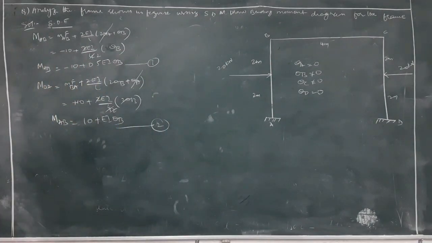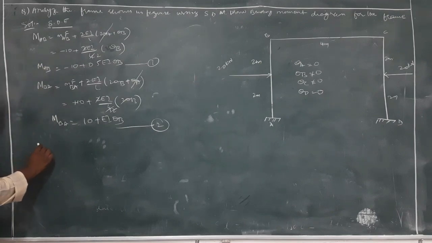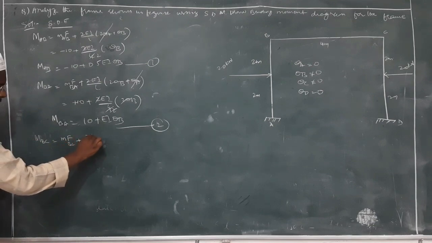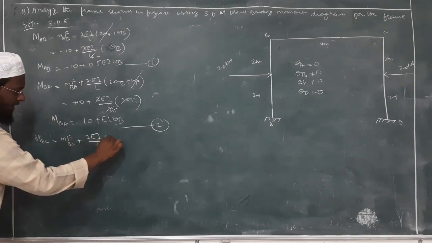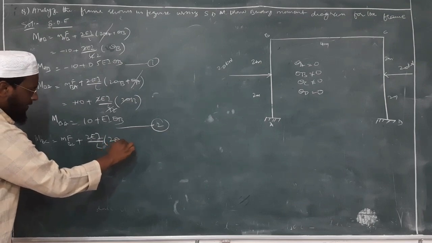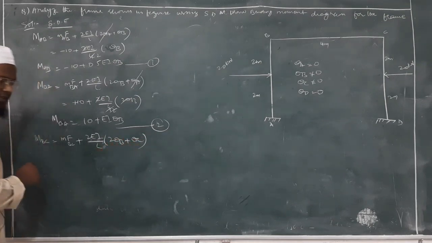Fine. Now we will go for span BC. Can you tell me? MBC is equal to MFBC plus 2EI by L into 2 theta B plus theta C, isn't it?